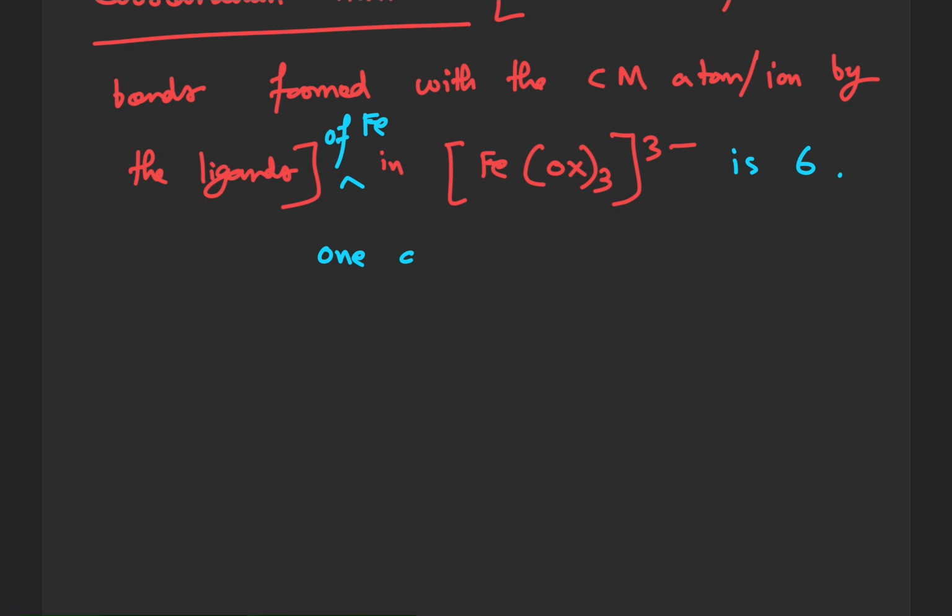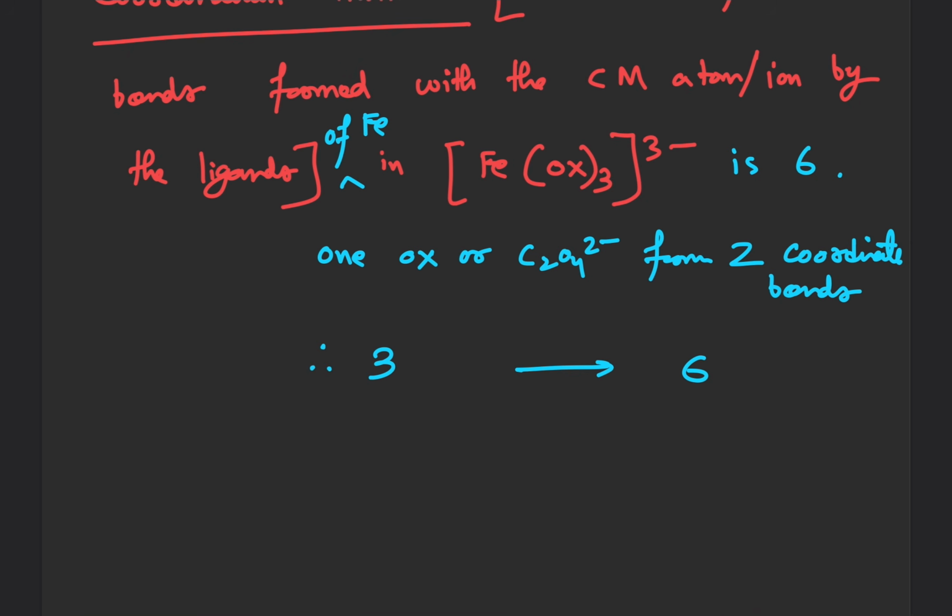One ox forms two coordinate bonds, therefore three of them will form 6 coordinate bonds. Therefore, the coordination number is 6.